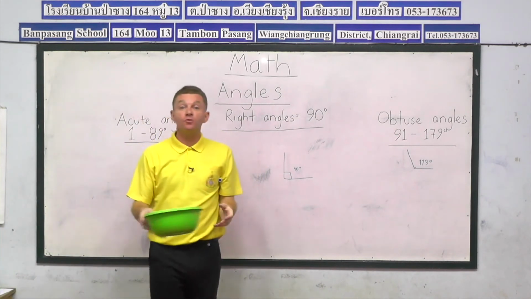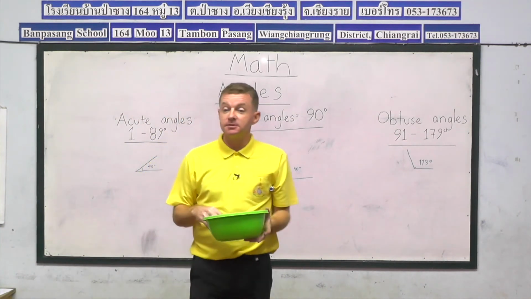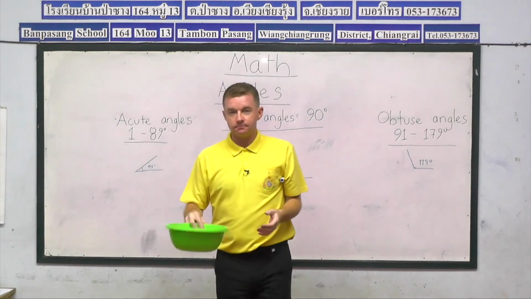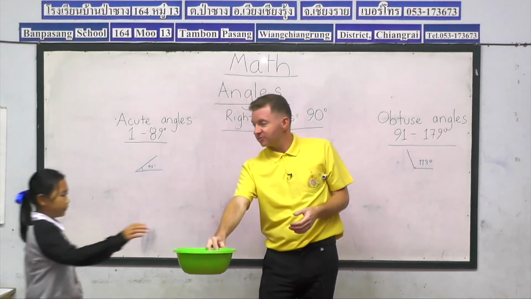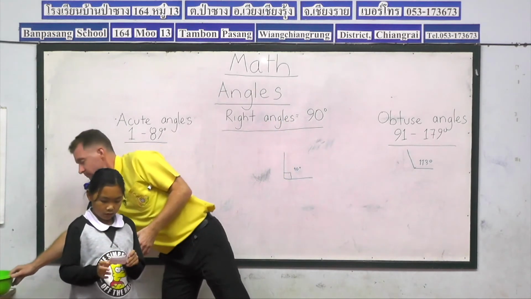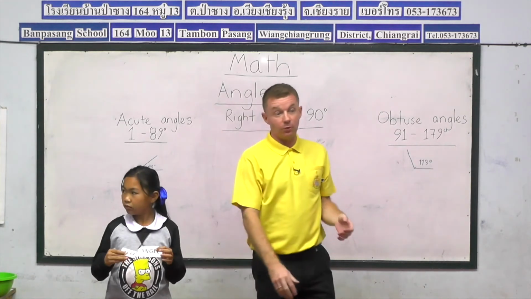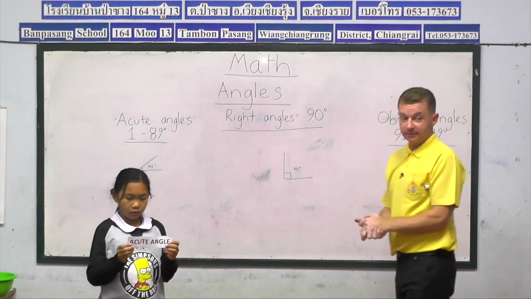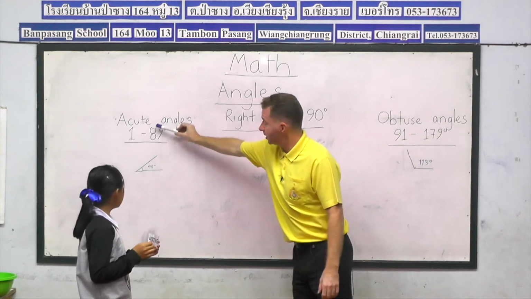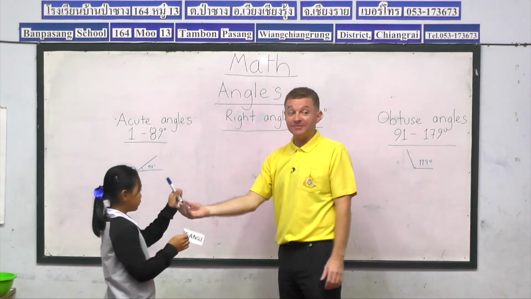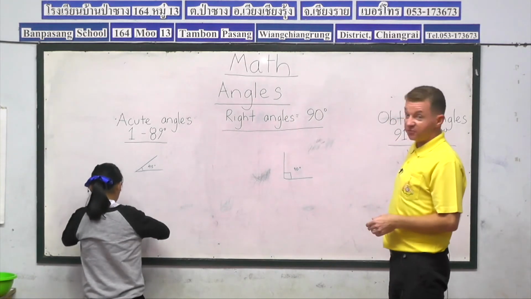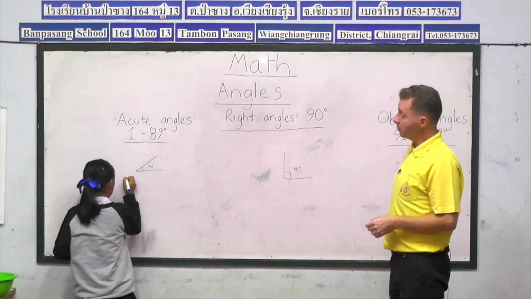And our next student will be Nadia. So Nadia, come and join me at the front, please. And choose your flashcard and show it to your friends. Okay, so what type of angle for Nadia? Acute angle. So Nadia, now we need another acute angle, less than 90 degrees. So Down did one of 45 degrees. How big will Nadia's be?